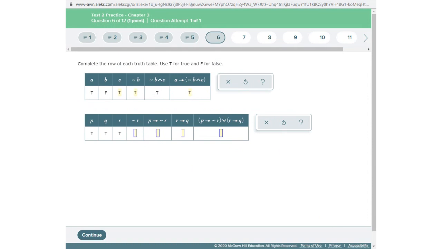Okay, so how about this next one? We're given P, Q, and R, and they want not R. So if R is true, then not R is false. Now they're asking us about P and not R. So they're asking us about this one and that one, and what the value of that is with the conditional statement.